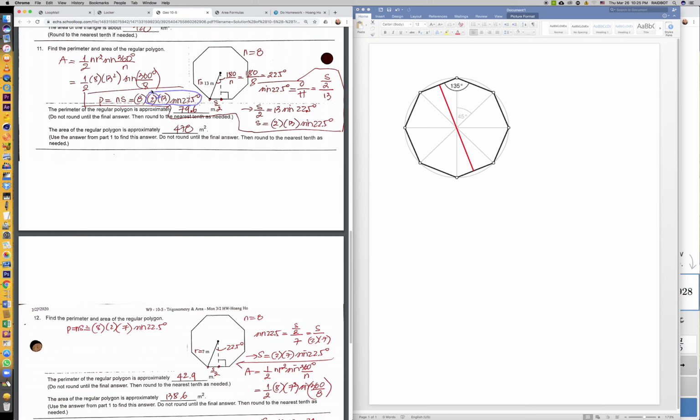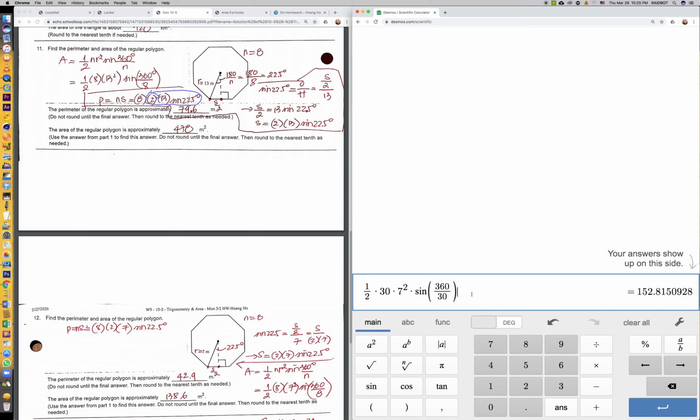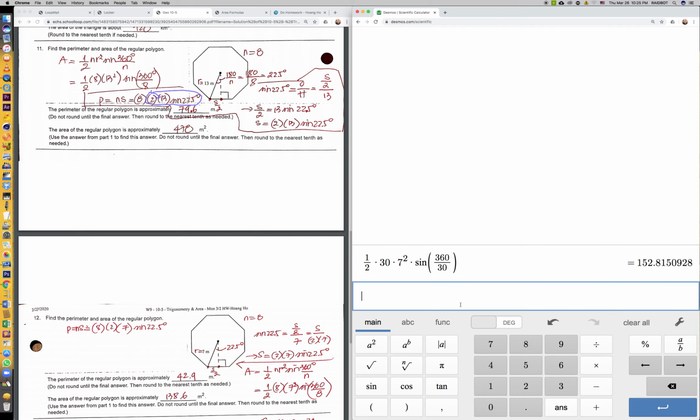So let's do that calculation on the calculator. From over here, I just press enter. So I come to a new line. Okay. So 8 times 2 times 13 times sine, I can click on the sine over here, 22.5.